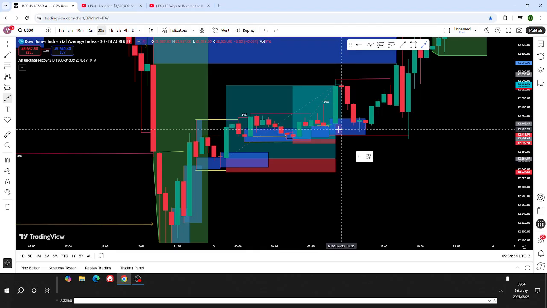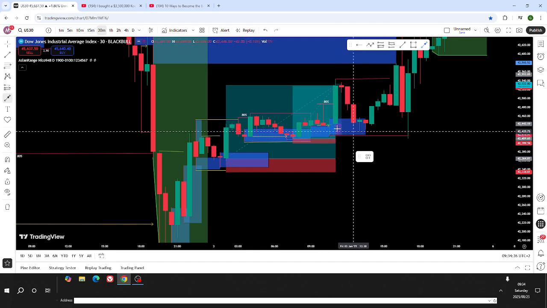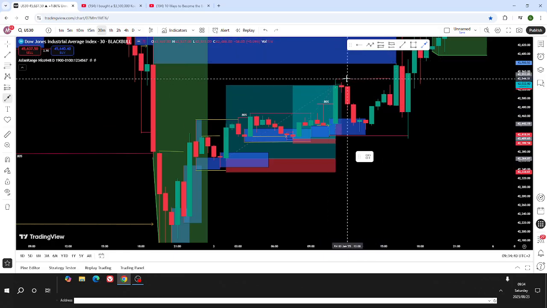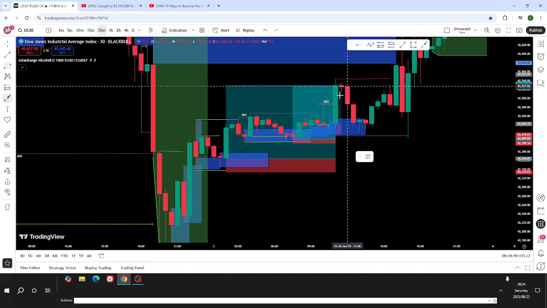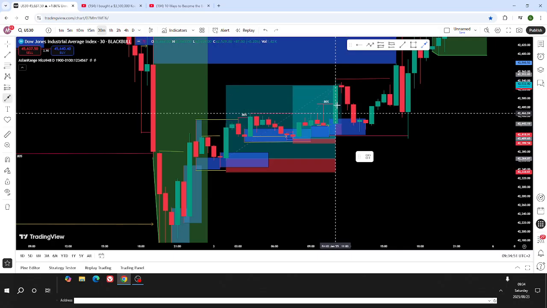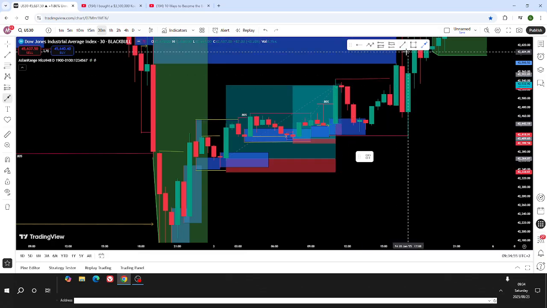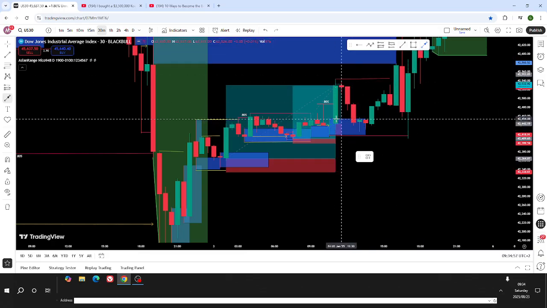Let me use this one. If we take a look at this order block right over here, we have the high of this candlestick. We need to pay attention to what's happening when the market comes into the candlestick that engulfed. This is the long candlestick that has engulfed the previous candlesticks. Now we want to see what happens when the market gets into the order block.